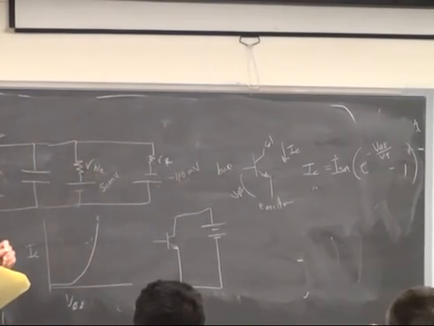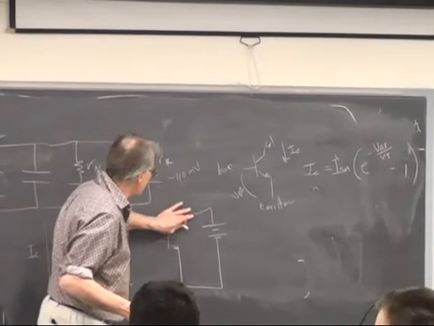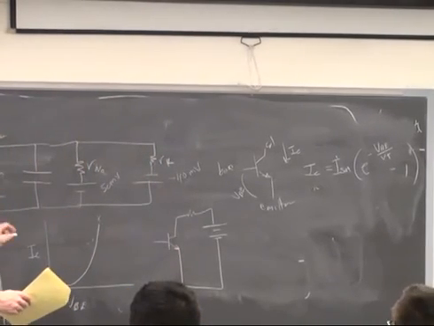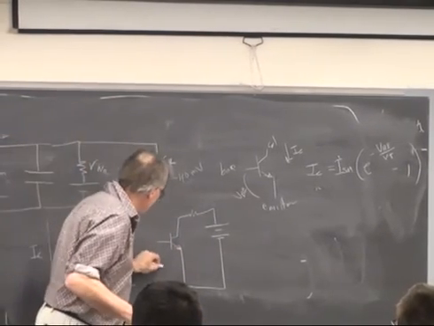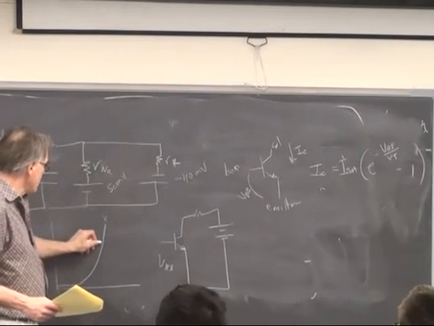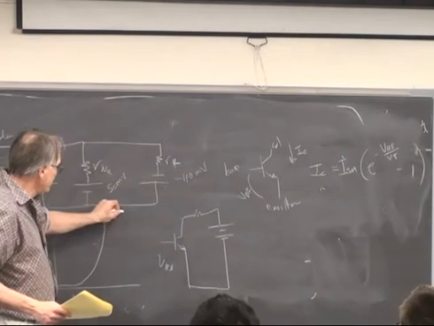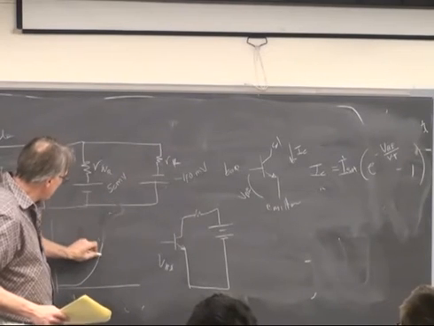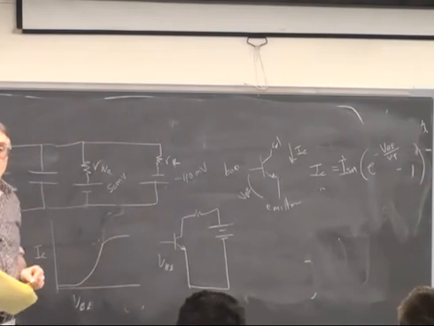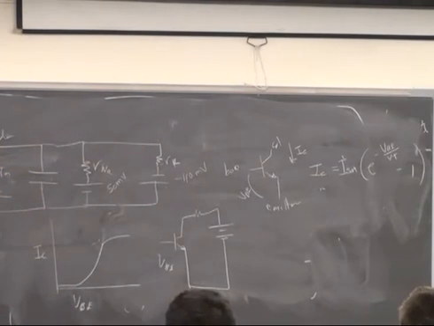But if you were to put a small resistor in series with this, then as you changed VBE, you'd see an exponential rise followed by a leveling off at some lower current to a steady value, which looks a lot like the potassium curve.